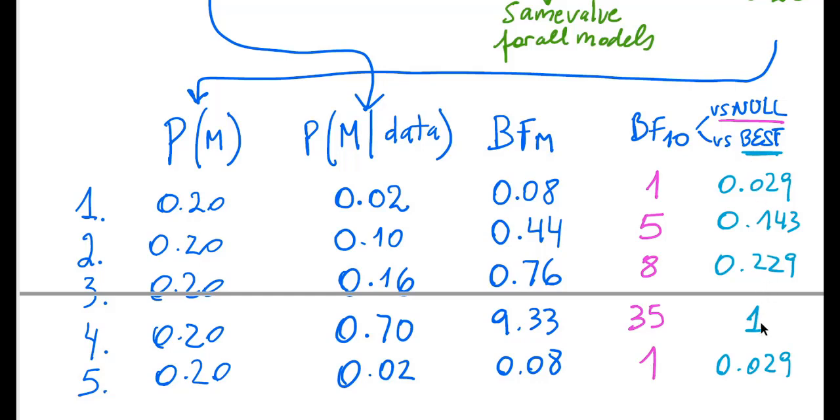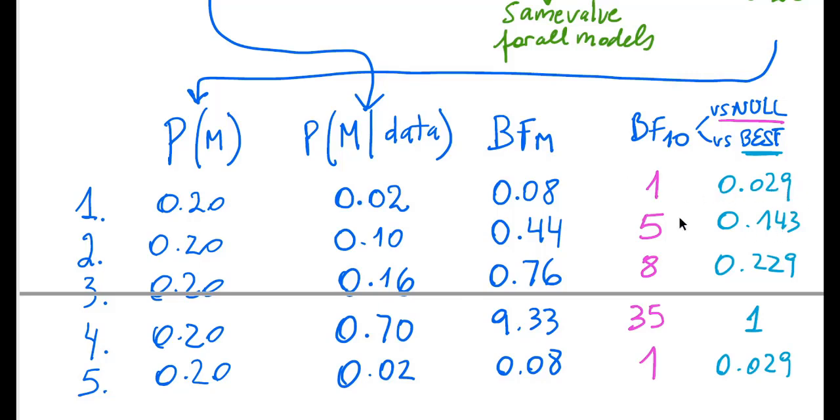But we have the option to compare to the best model. So you can see that we've got a Bayes factor of 1 in model 4 because model 4 is the best model. So here we are comparing the best model against the best model. So they have obviously the same probability. Okay, so basically now we've got 0.02 divided by 0.70, and that's 0.029.